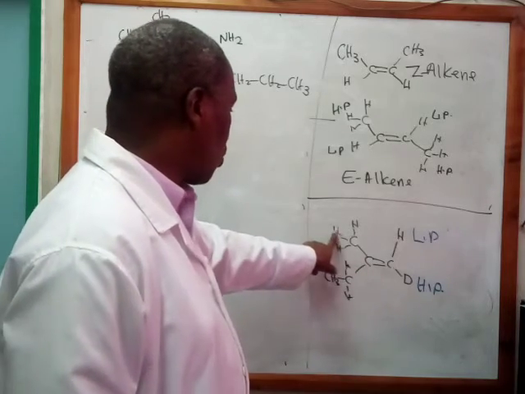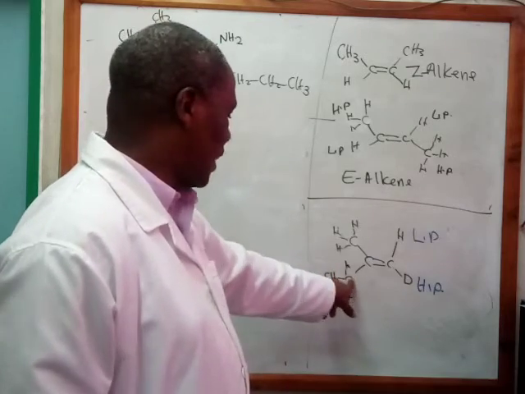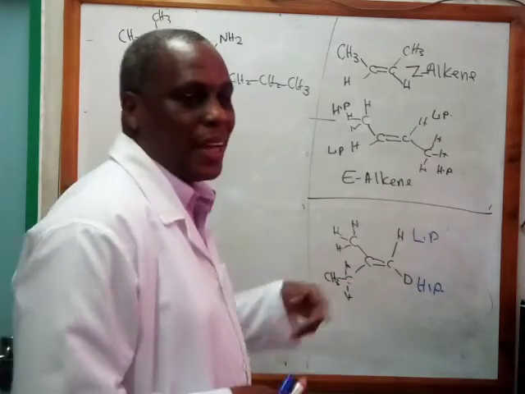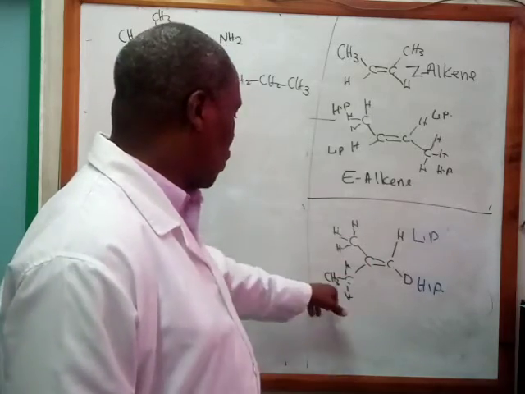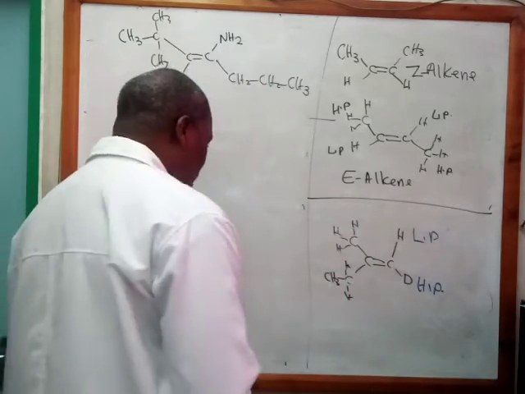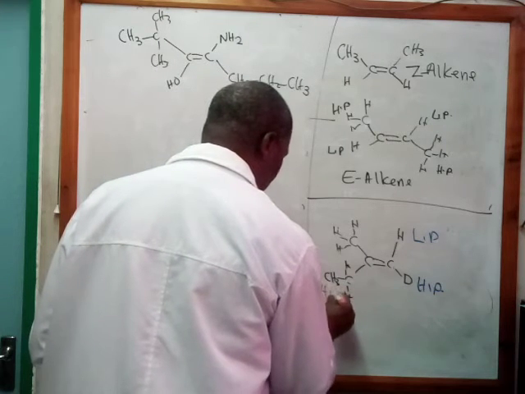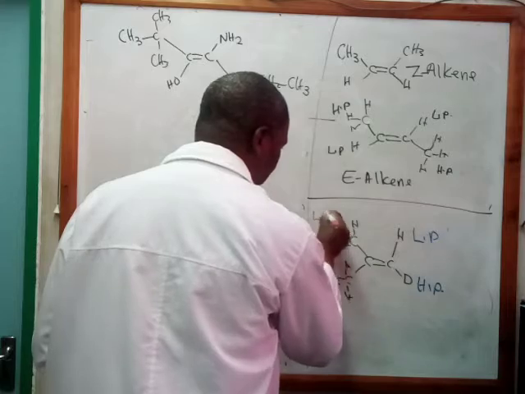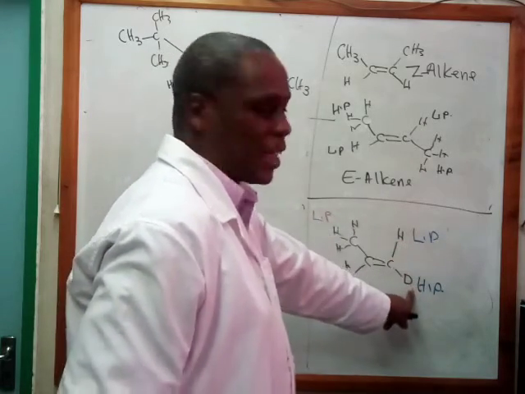So the presence of a methyl group other than hydrogen makes this group higher priority compared to this other one here. So on this side, this one will be high priority, this one will be low priority. Are you seeing here? And on this other side, the hydrogen is low priority, this is high priority.